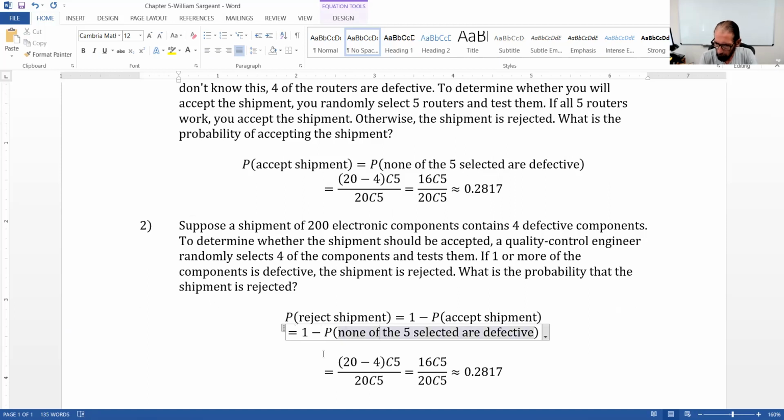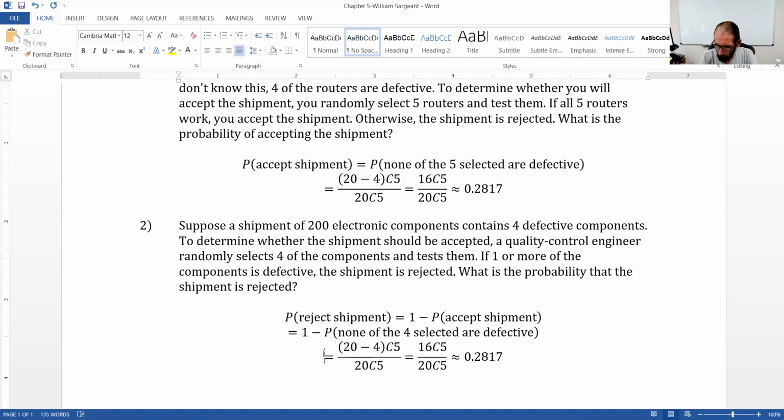And that would mean change that 20 to the 200. Picking, we've got 4 defective, so 196 that are good, but we're only picking 4 of them to test.